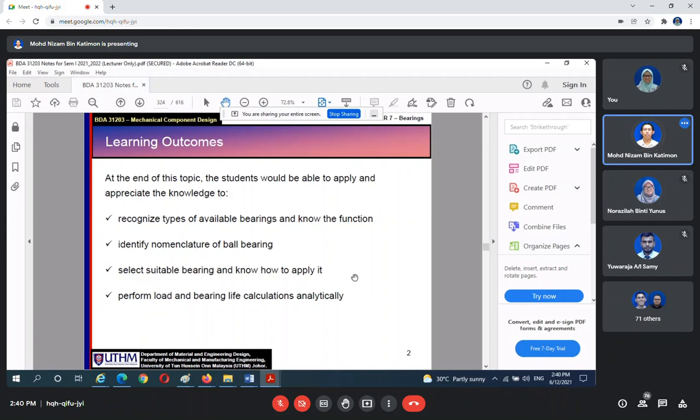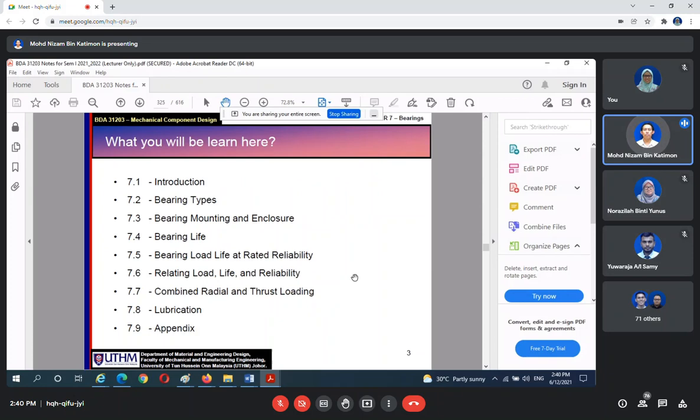The subtopics are bearing type, bearing mounting, bearing life, bearing load life, and relating load life to reliability. Then in the calculation, we need to know what happens with the existing radial and thrust load, and finally some issues on the importance of lubrication and some appendices relating to bearing.